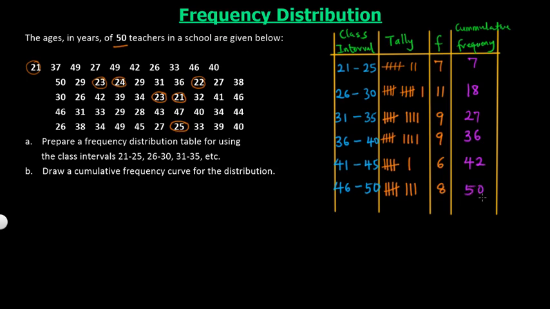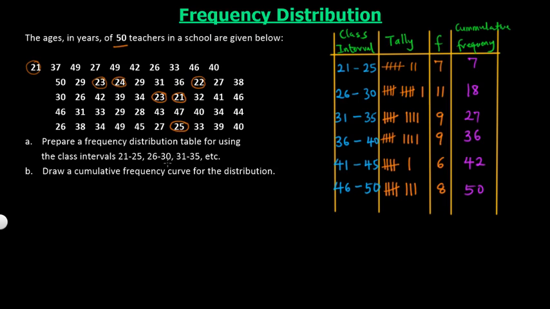So the last value here must also be equal to the total number of data sets you have been given. So here we have been able to prepare what we call the cumulative frequency table for this question.